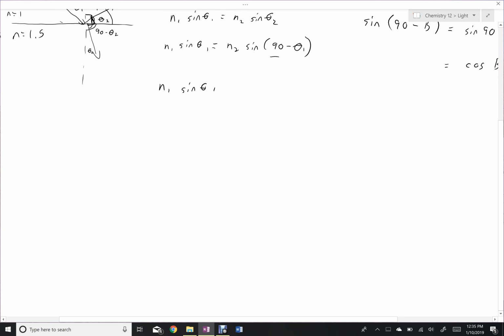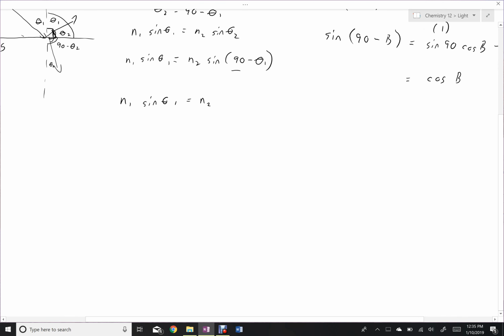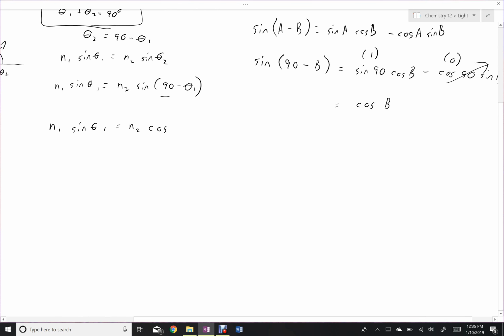So if I horizontally shift the sine function by that much and invert it, I end up with cos. But the identity, I think, is pretty easy to see. So I said cos B, but in this case, B is theta 1, so this ends up being cos theta 1.